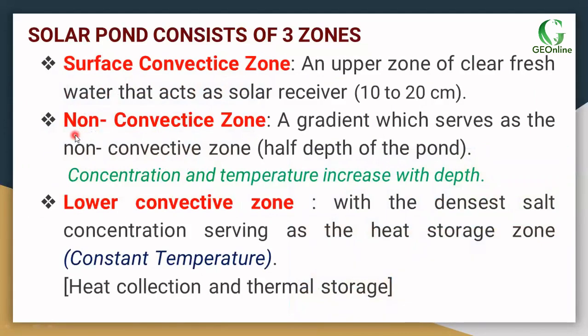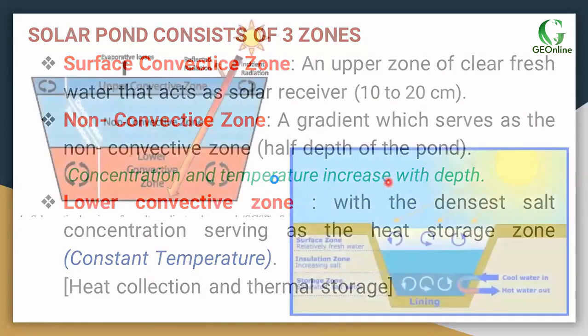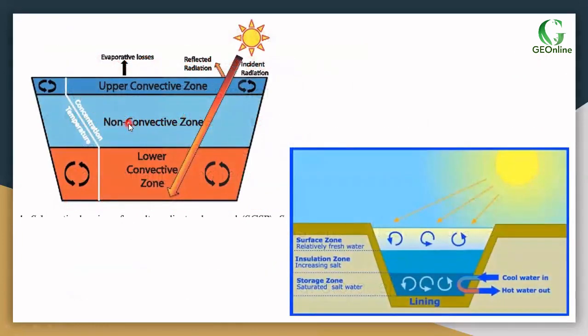Second is non-convective zone, a gradient zone which serves as a non-convective zone. This is half the depth of the pond, and in this zone salt concentration and temperature increase with depth. We are using salt to store heat energy.